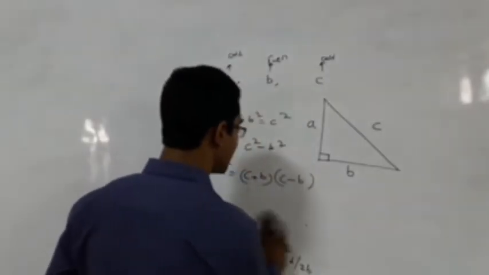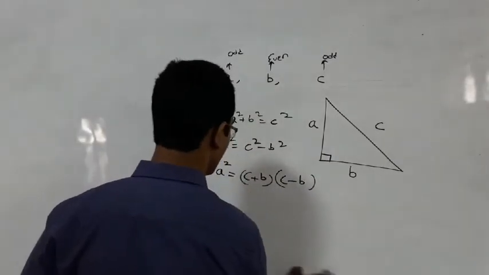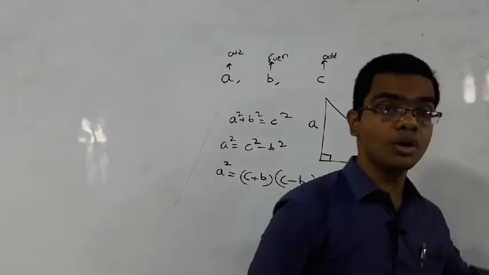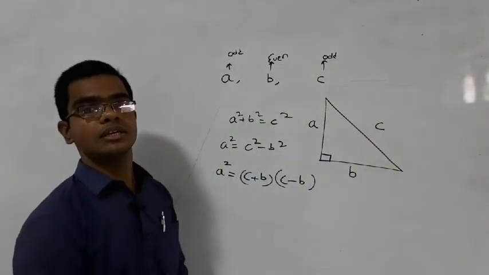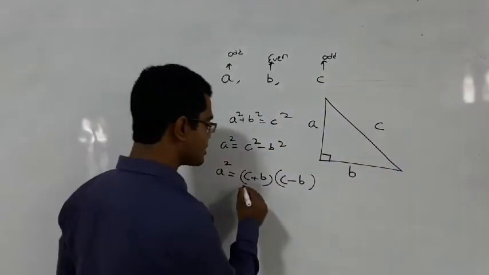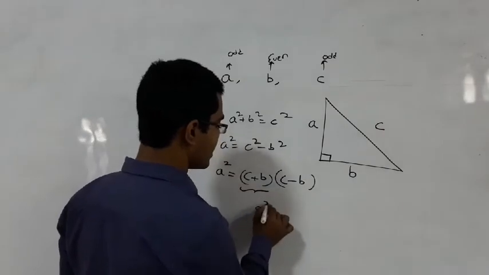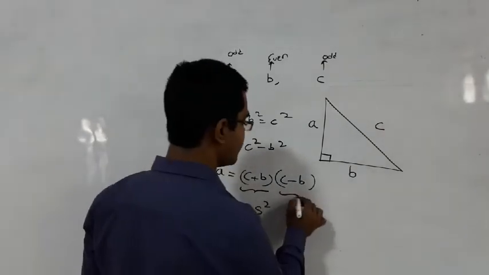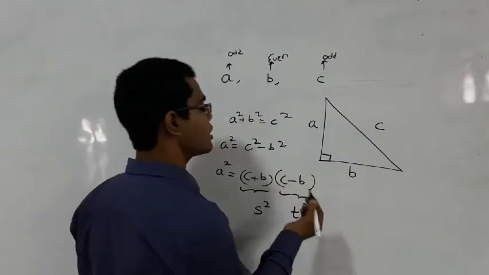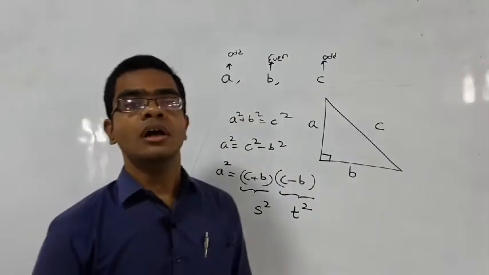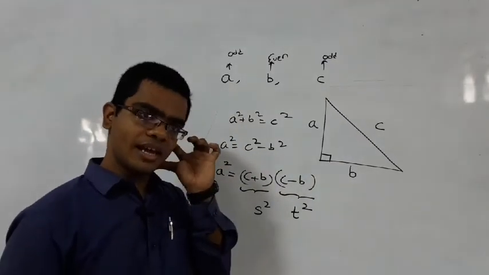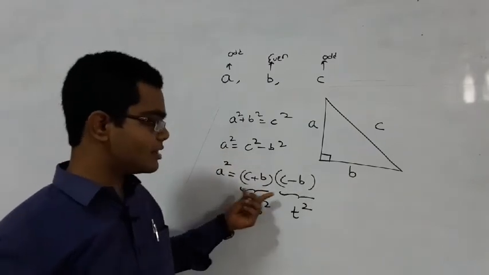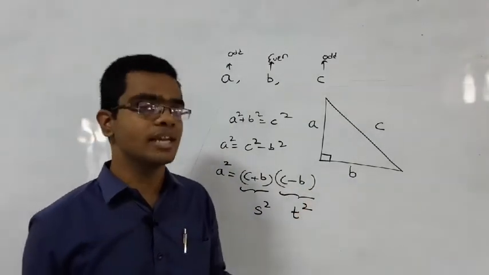Now two relatively prime numbers are multiplied to give a perfect square. So for sure this has to be one perfect square, let's call it S square, and this has to be another perfect square, let's call it T square. Since these two are relatively prime, they cannot have any factor in common.